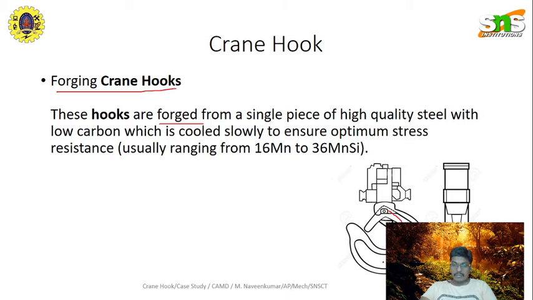This entire blackish material, which I mentioned in the previous slides, is made of a single piece of high quality steel. This high quality steel contains very low carbon, and during the process the molten metal is cooled very slowly after pouring.